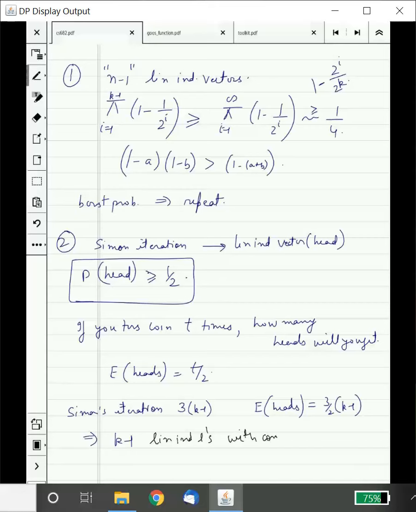I give it as an exercise to prove this. This is an application of Markov's inequality.